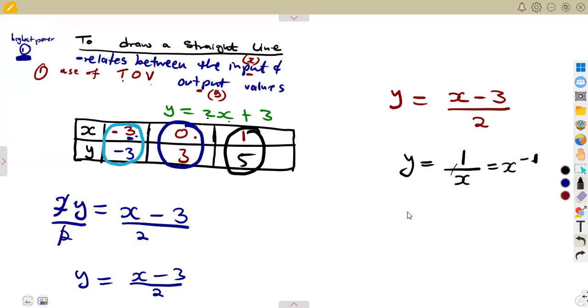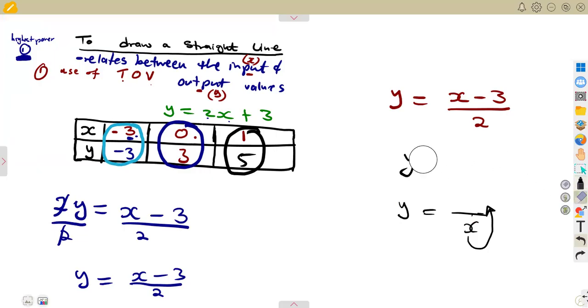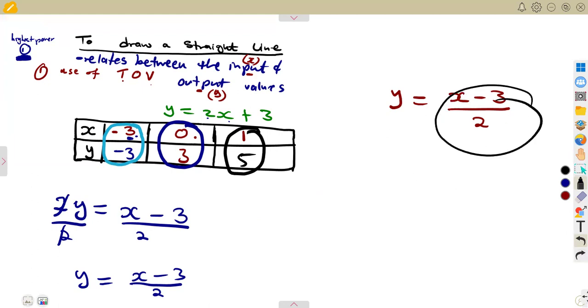But this one, you can't say this is a fraction because of the 3 over 2. When I'm saying a fraction, I'm saying x in the denominator. This x here is in the numerator, carrying its power of 1. So it's still a straight line.